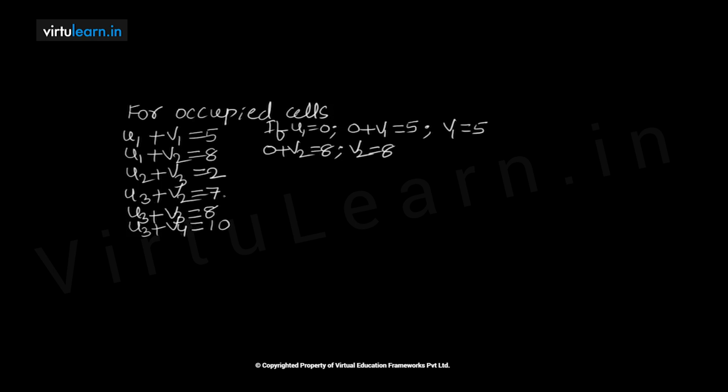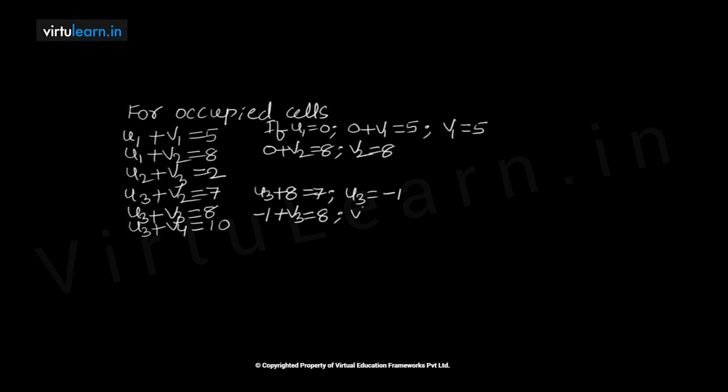We substitute here U3 plus V2 value, that is 8, is equal to 7. That means U3 is equal to minus 1, because 7 minus 8 is minus 1. Once this is done, we got the U3 value. We substitute U3 in U3 plus V3. U3 is equal to minus 1 plus V3 is equal to 8.